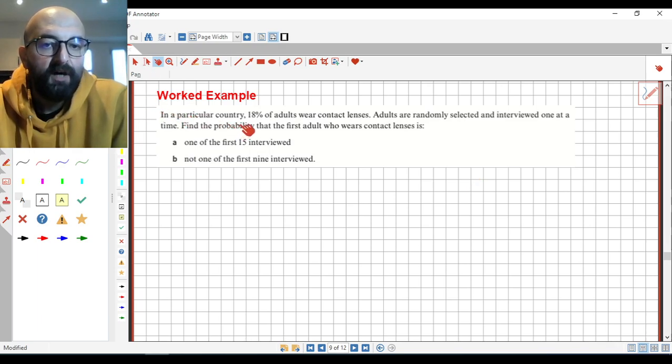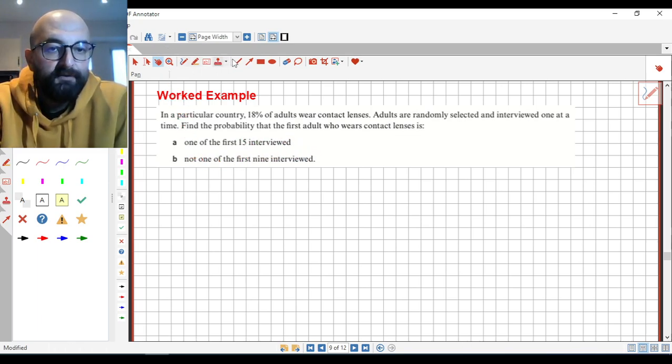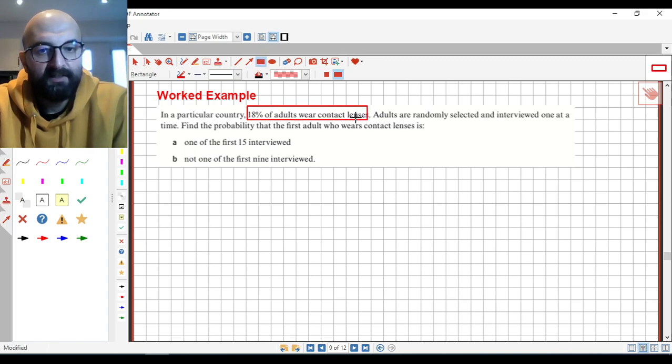In a particular country, 18% of adults wear contact lenses. Adults are randomly selected and interviewed one at a time. Find the probability that the first adult who wears contact lenses is one of the first 15 interviewed.